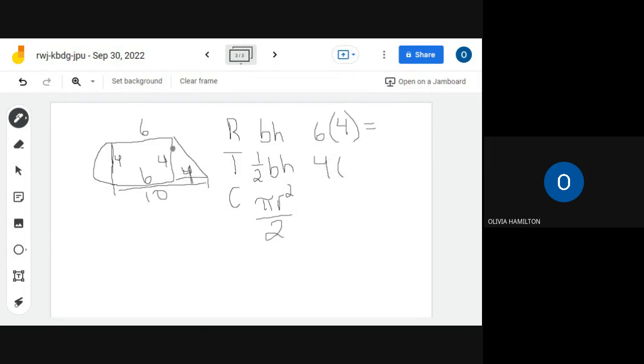The height is also 4, because this is the height of the triangle. And then once I multiply this, I'm going to divide the whole thing by 2 and get my answer. For the C, I'm going to do it over here so I have no space. We have 3.14.